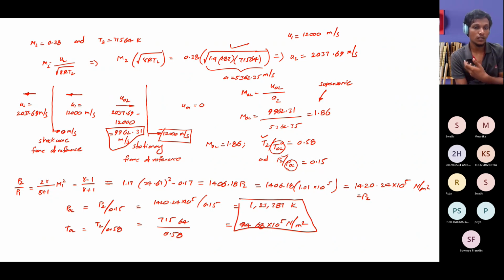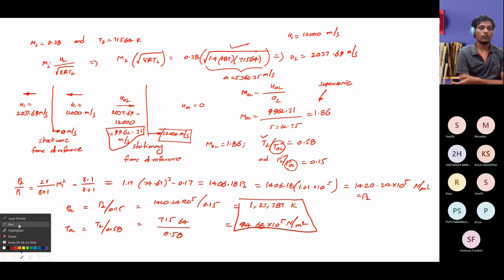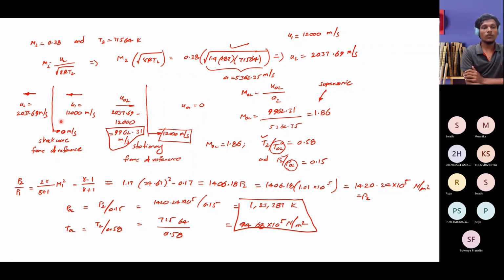So what we just did in this entire content is, let me show you the question. First we started with the question given, in the stationary frame of reference. In the stationary frame of reference, we have ambient air, in which the velocity is zero.